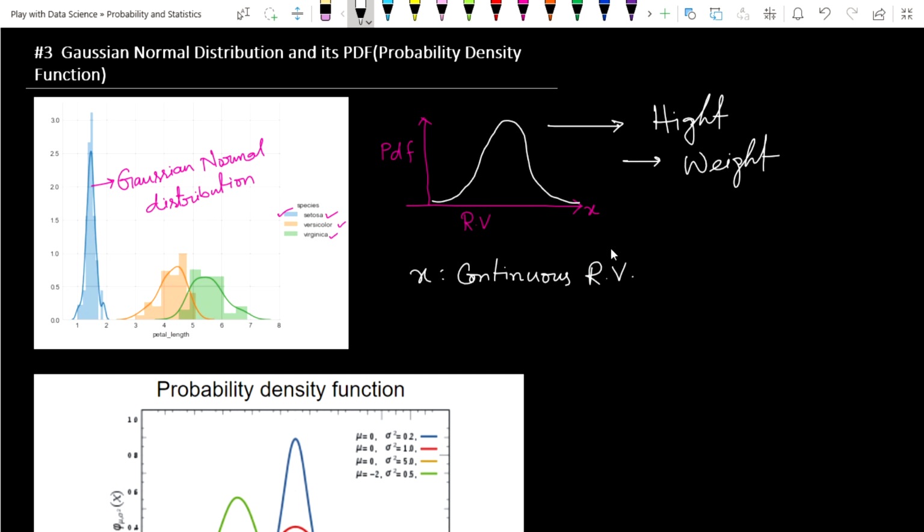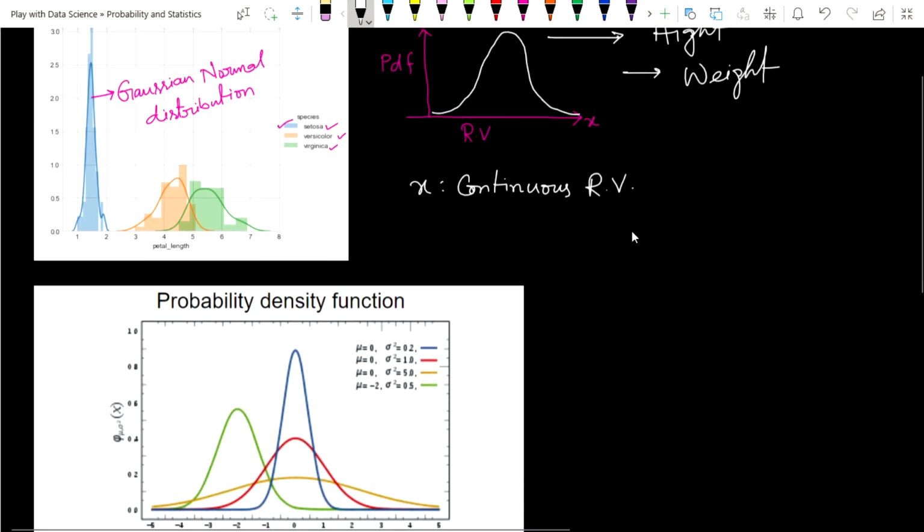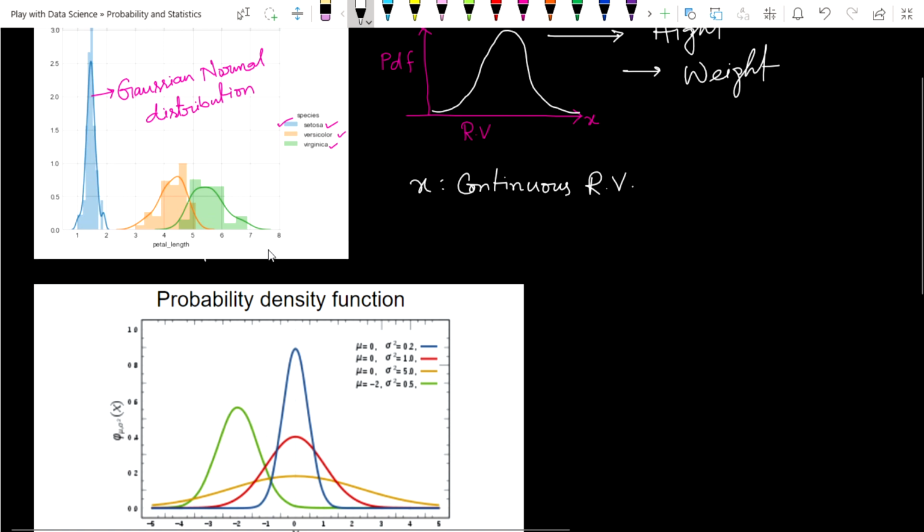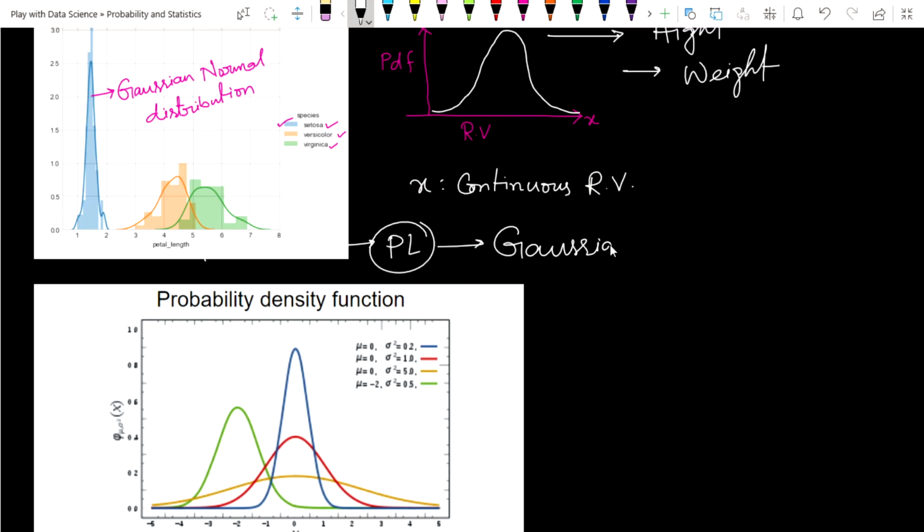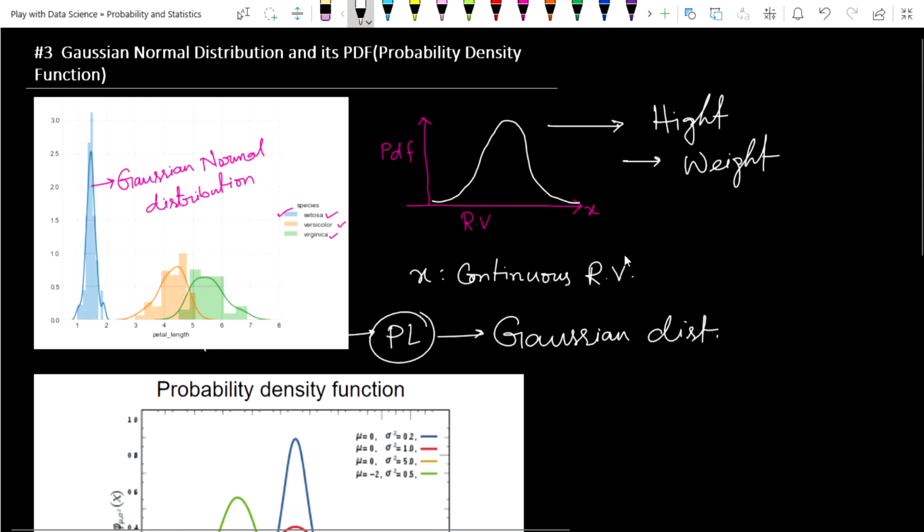In general, various natural phenomena obey the Gaussian normal distribution. Here the petal length obeys the Gaussian distribution.